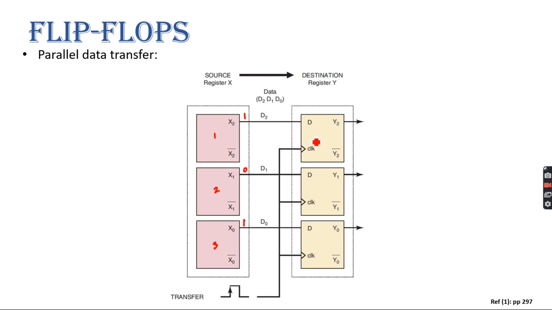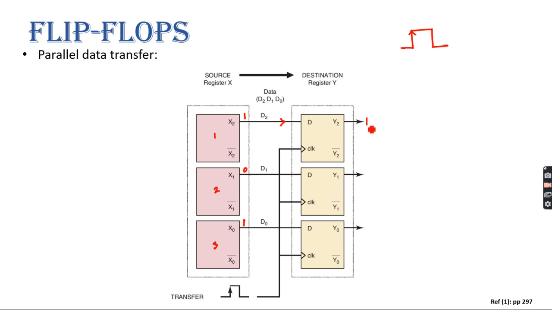Now this is your D flip-flop, and the pulse that is provided here, is it positive edge triggering or negative edge triggering? Positive. So when you have a pulse like this and it gets the positive edge, whatever is the input of this flip-flop, the output will be the same as the input, right?